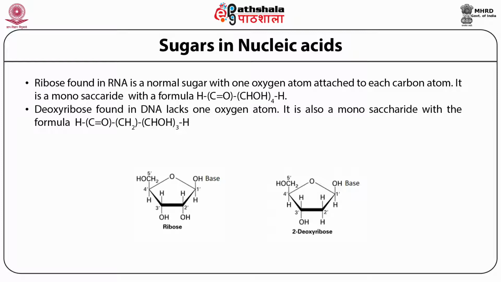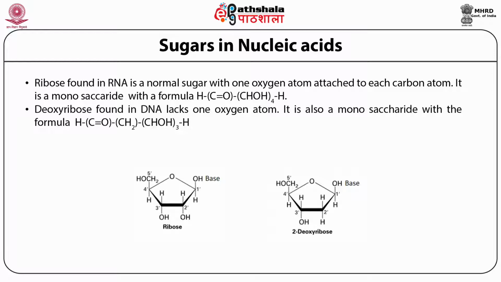It doesn't have oxygen at the position 2. It is also a monosaccharide with the formula HC=O CH2(CHOH)3H. We show in this figure also the nomenclature for the carbon atom used in all DNA models.